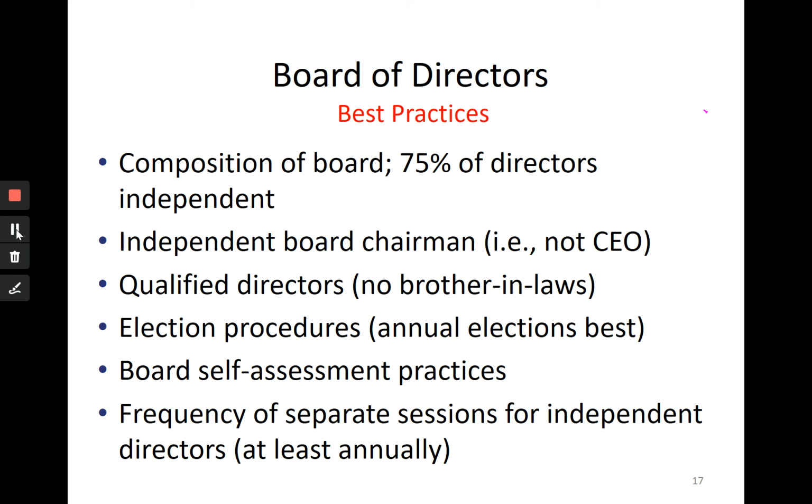Does the board have a method to assess its own practices and weaknesses and strengths of what it has already done? Are there separate sessions, and how often are these held, where only independent board members meet and they're not influenced by board members that are dependent on the firm? For example, at least once a year, the independent board members should meet.